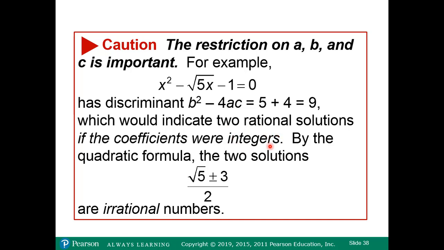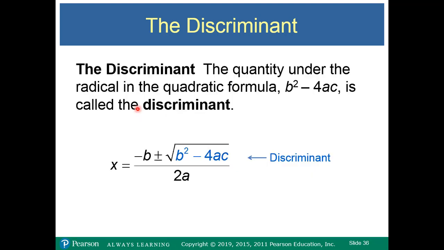Integers, okay? By the quadratic formula, the two solutions are these, which are irrational numbers, okay? So be very careful, because when we use the quadratic formula and we're looking at the discriminant, look at the discriminant here.